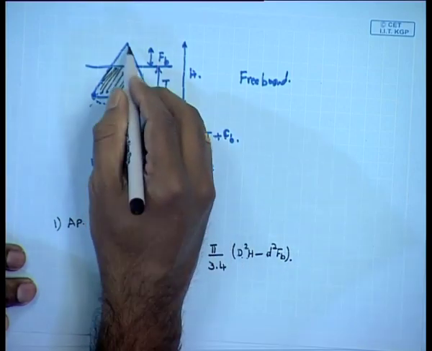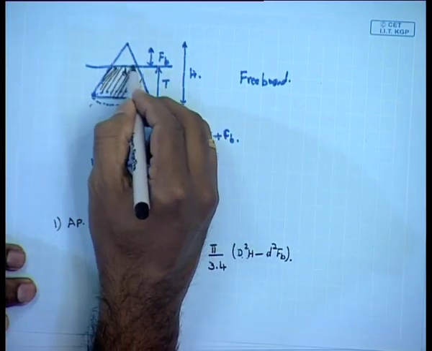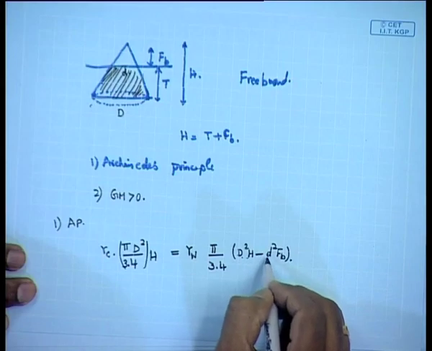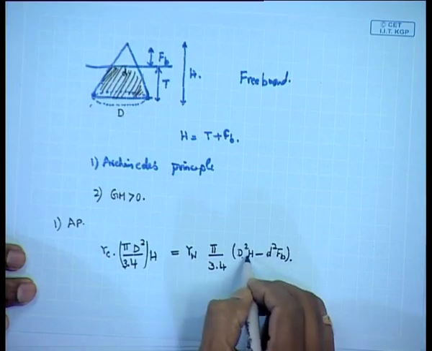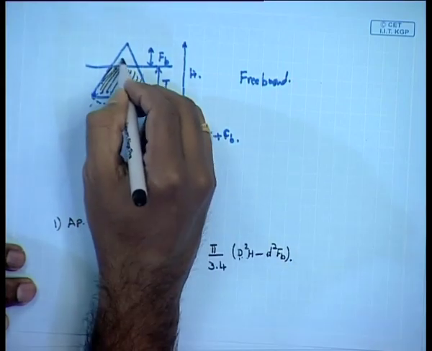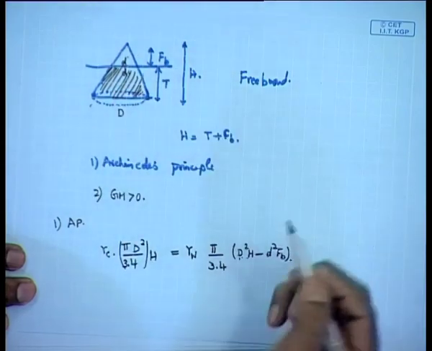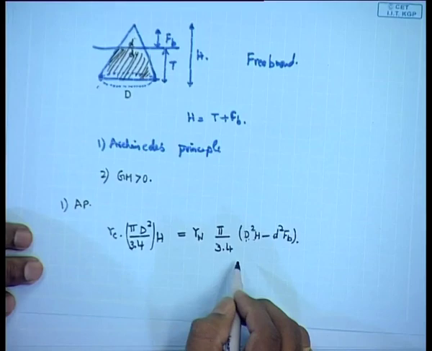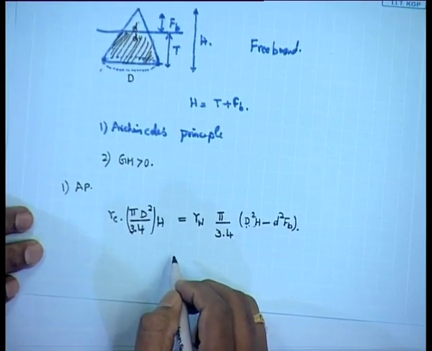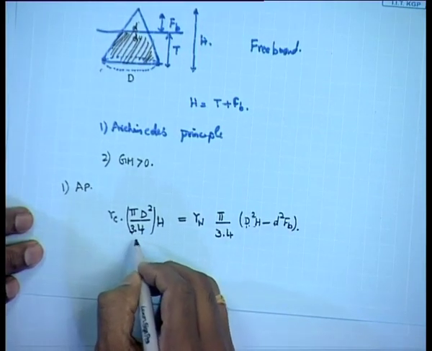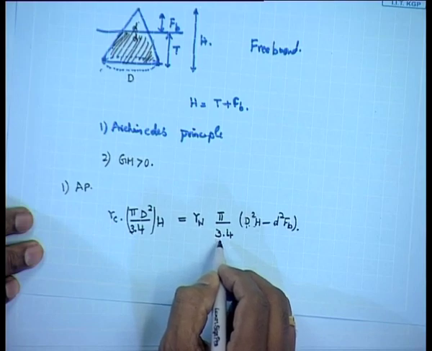This gives you the total volume minus this volume. This volume is equal to d square into FB. I think it is obvious how this equation has come about. So this is the Archimedes principle: the mass of the cone is equal to the weight of the liquid displaced.